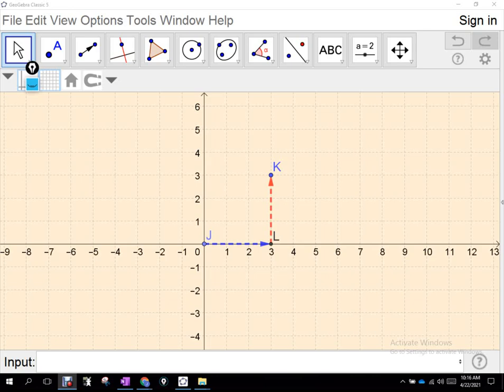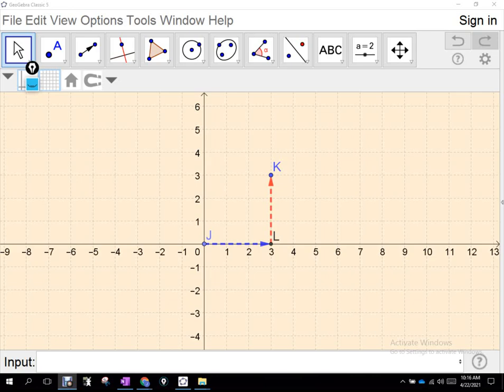There's a more efficient way to go from J to K. Sorry, not rectangularly. Diagonally is what I was looking for. And we don't even call it diagonally. We'll talk about what we call it in a moment.